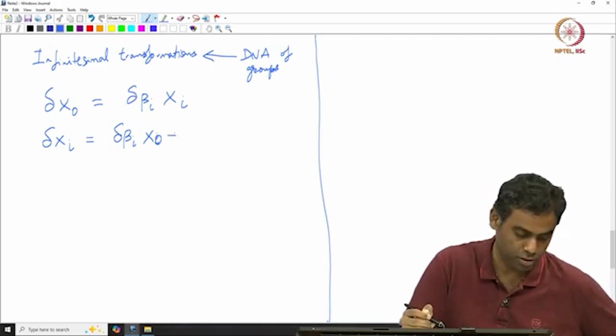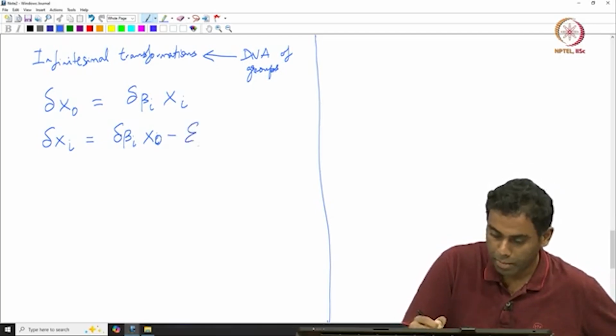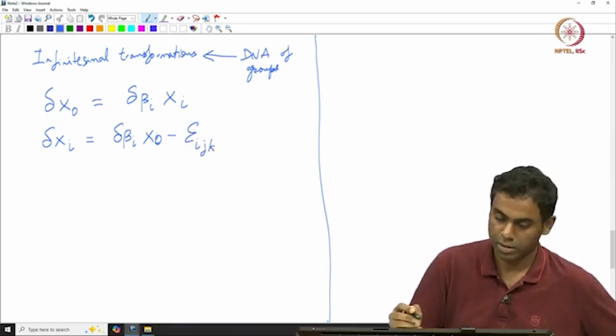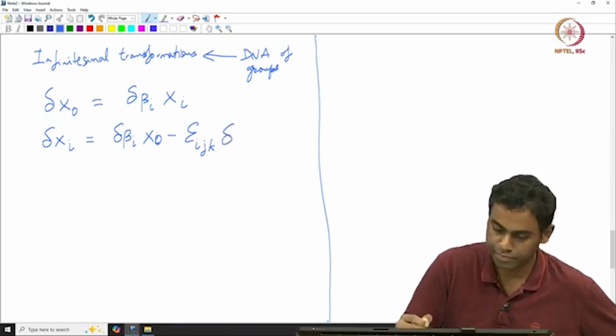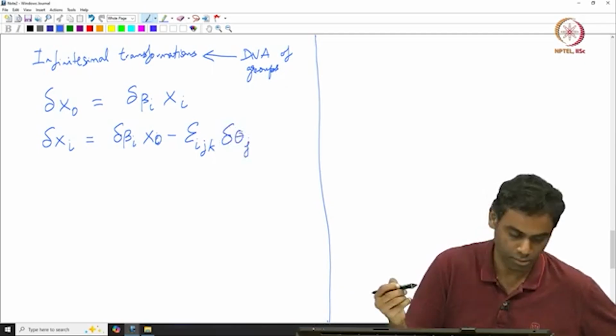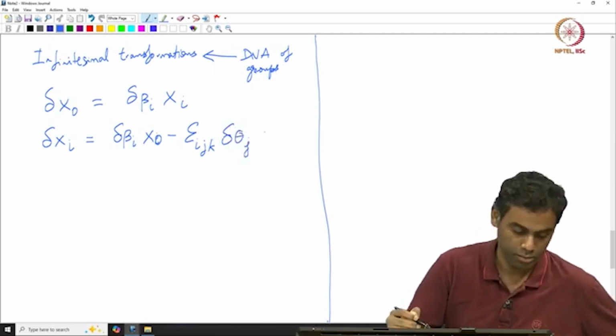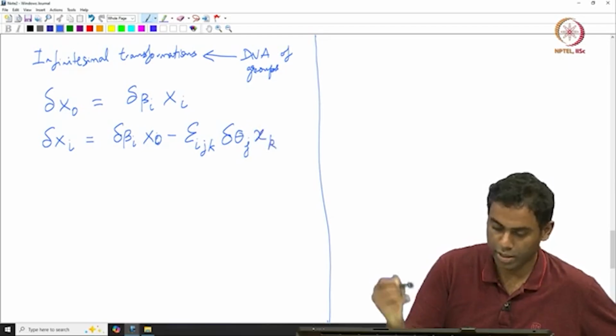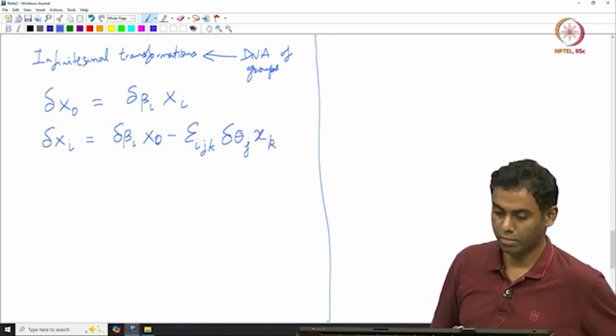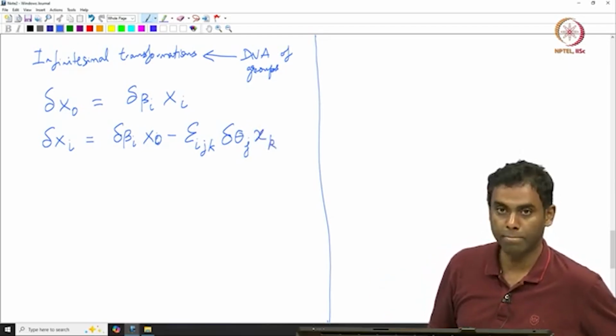So that is how boosts work. Minus for rotations, I am just going to write a shorthand, where I have this. Agreed?